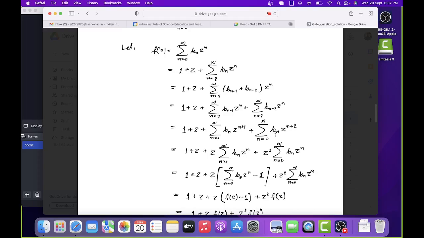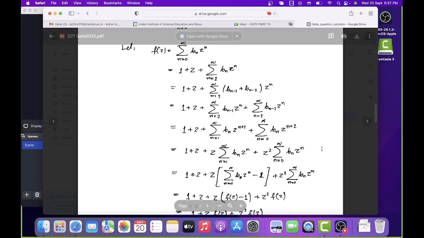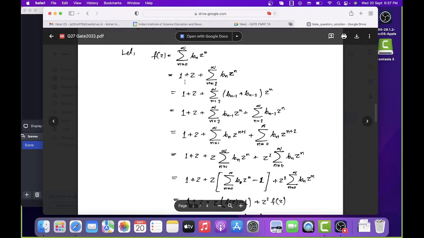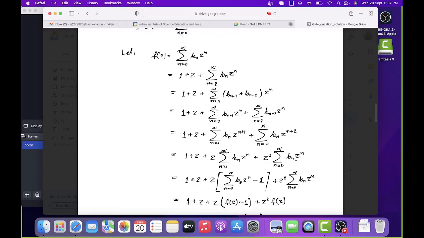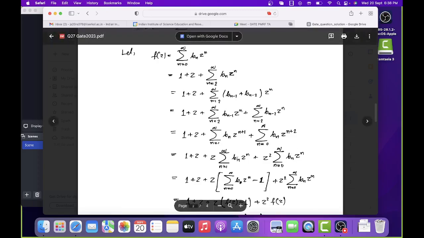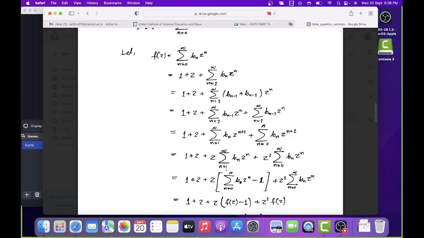And from the second sum, take out the common z square part, and it will look like z² times the summation from n equals 0 to infinity of bn z to the power n. We started with f(z) with the summation from n equals 0 to infinity, so the last term of the series will again become f(z). But the middle term is a summation from n equals 1 to infinity. So in order to make this sum from n equals 0 to infinity, we have to subtract the first term, because the first term is not here.